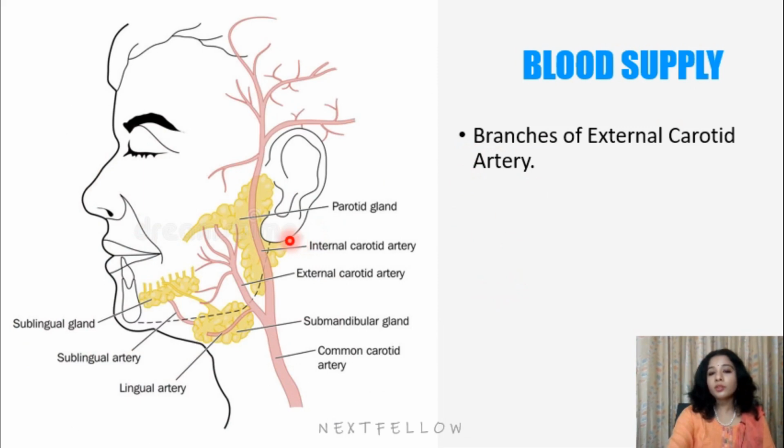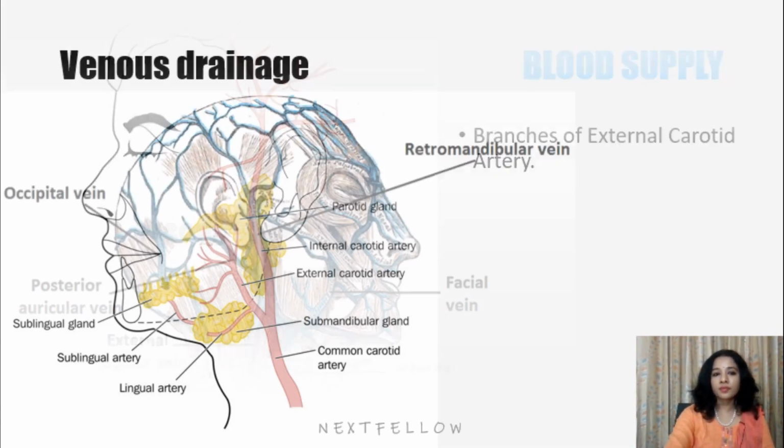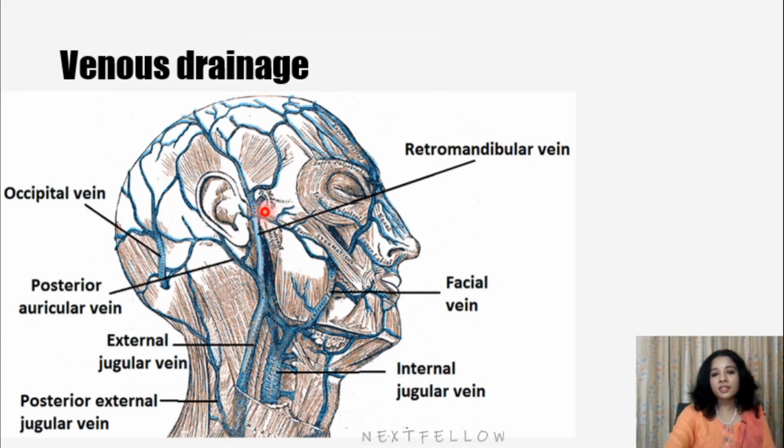Blood supply to the parotid gland: it is supplied by the external carotid artery. We know the gland contains the external carotid artery within it, which directly supplies the gland, through its branches. Venous drainage: we know the retromandibular vein is located within the gland. Finally it drains into the external jugular vein posteriorly.